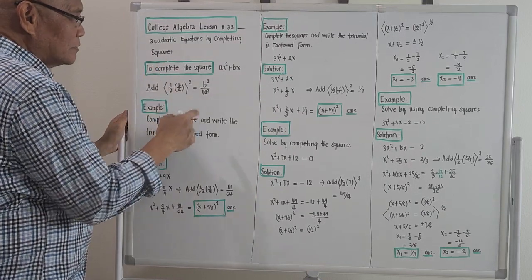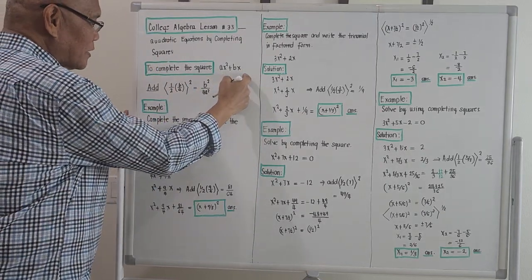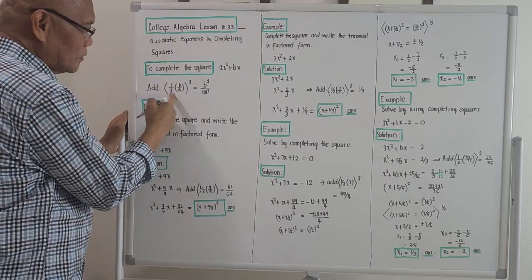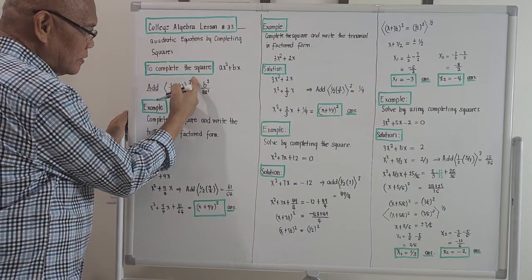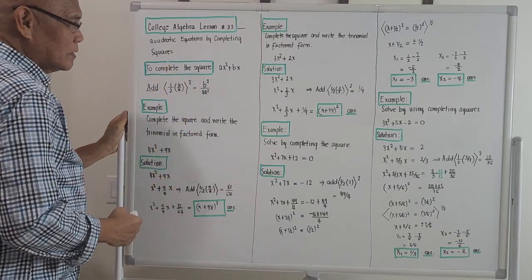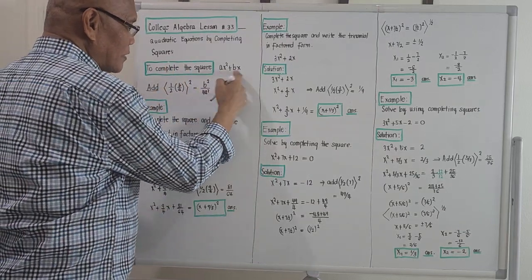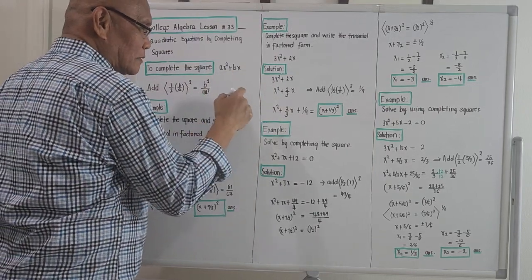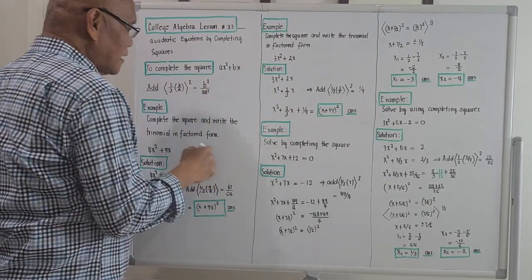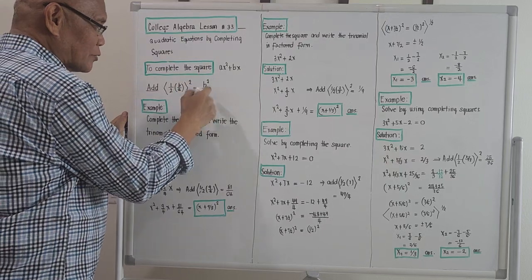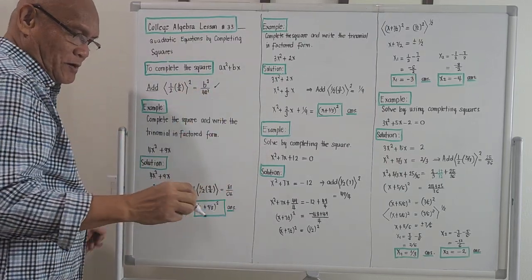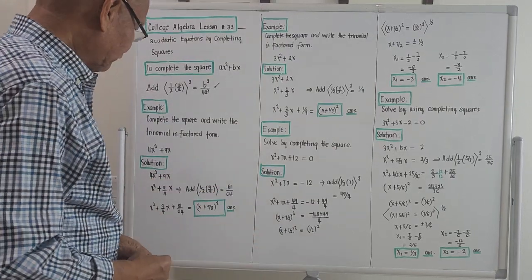We shall add to this ax square plus bx a quantity one half of b over a, quantity squared. For this to become a perfect trinomial, we will add b square over 4a square. And this will not change for any given quadratic equation.